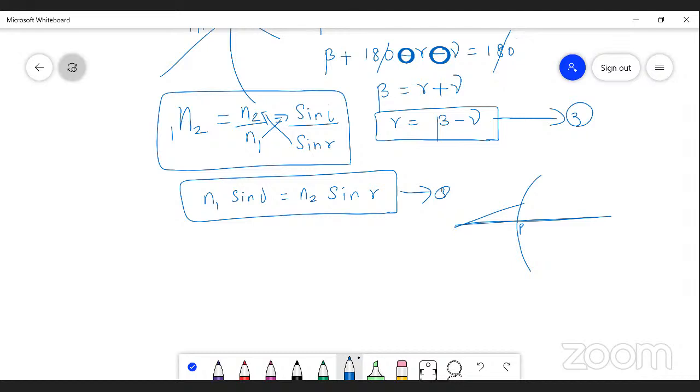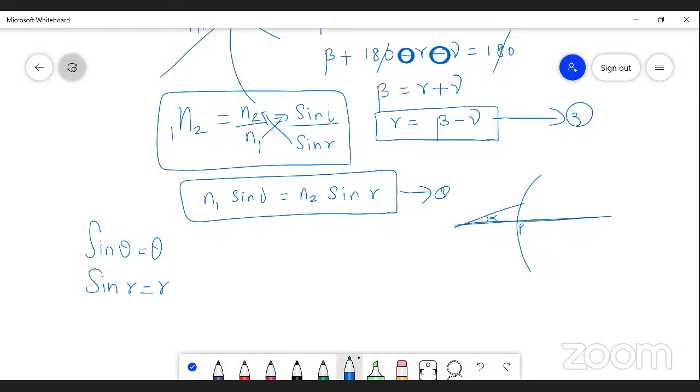Almost parallel to the principal axis means the alpha value is very low. That's why I want to consider the very smallest angle. So the angle of incidence and angle of refraction are also very small values. For a very small value, sin theta is equal to theta, and sin r is equal to r.